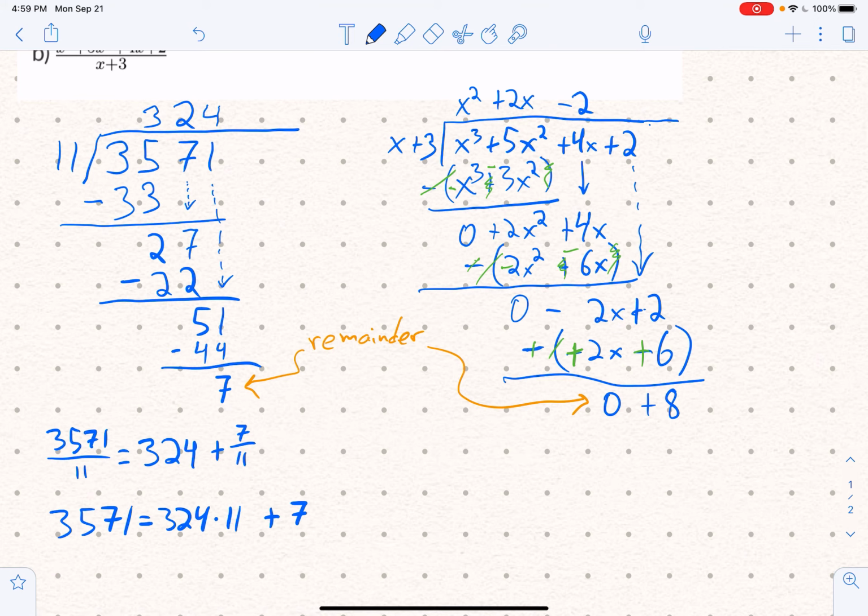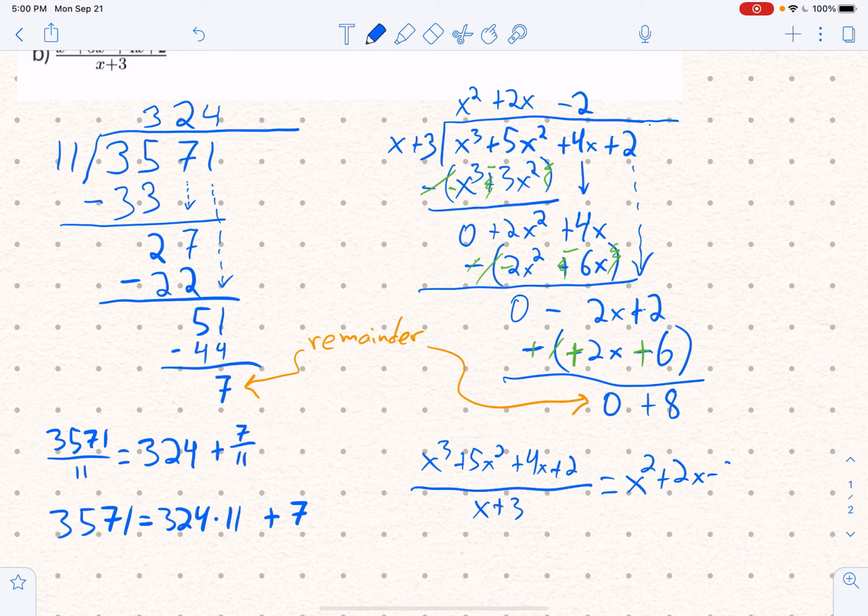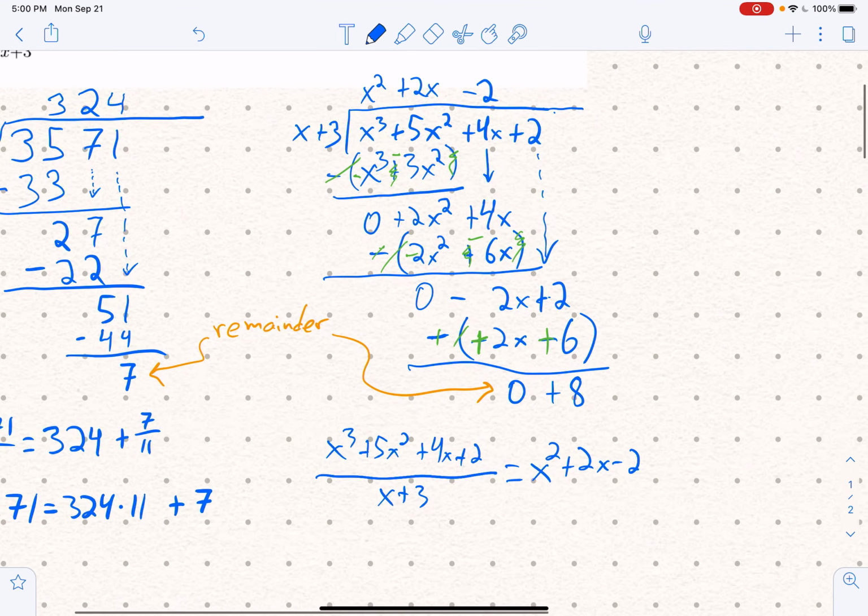One is we can take the original fraction. It looked like this: x cubed plus 5x squared plus 4x plus 2 divided by x plus 3. That's a fraction. What is that equal to? Well, it went in this many times with this remainder. And so the way that we do it, just following the way we did it for numbers, is it goes in x squared plus 2x minus 2 times, and then plus, for the remainder, we just do it over x plus 3.